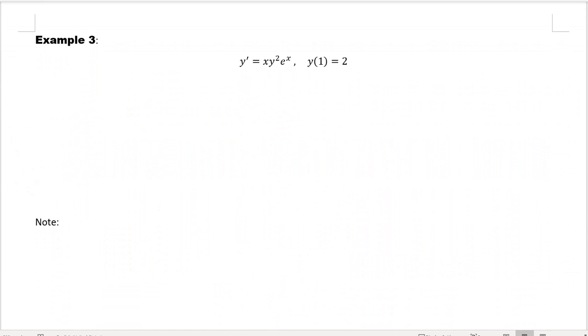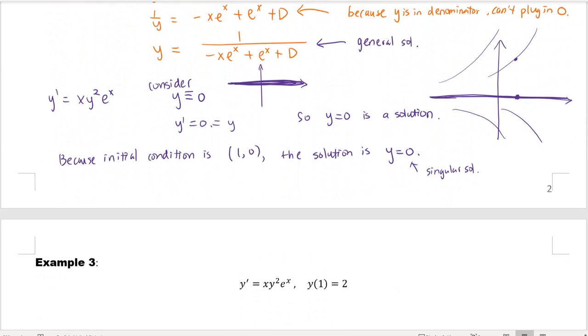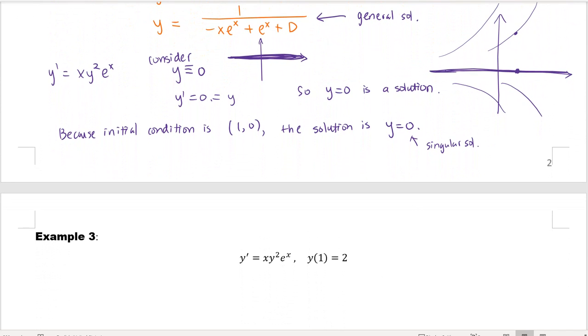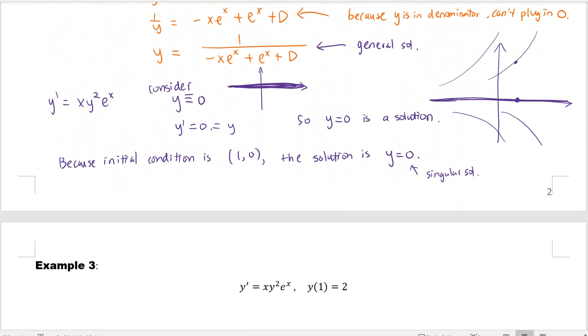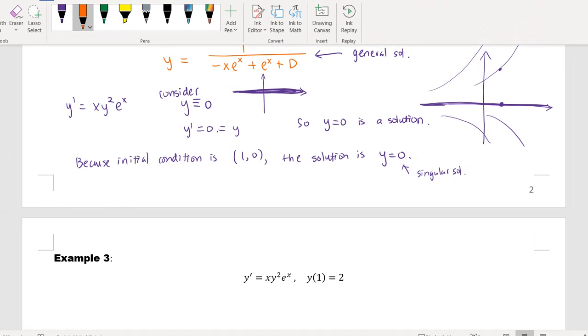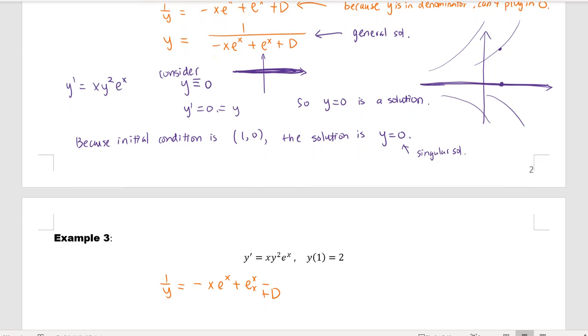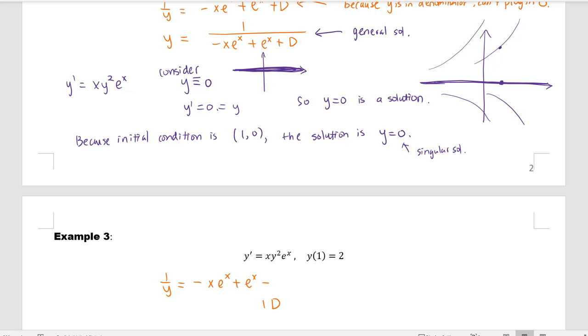Example 3. Do you see, now it is the same differential equation but with a different initial value, okay? Now we can plug in this formula and figure out what d is. Okay, so 1 over y equals minus x e to the x plus e to the x plus d. Plug in x is 1 and y is 2.